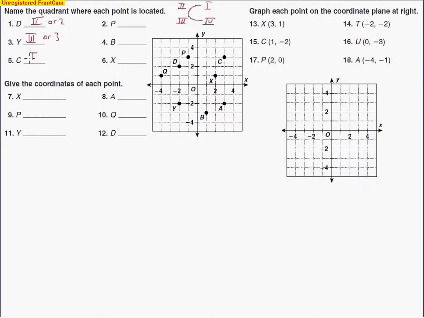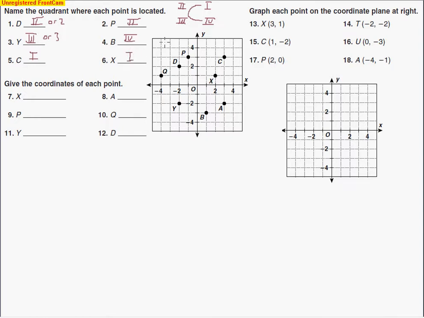I'm going to stick with the Roman numerals here. And how about P? P is in quadrant number 2. It's right here. B is in 4. If you remember the C, 4 is last, so it's in the lower right. And X, it's in quadrant number 1.